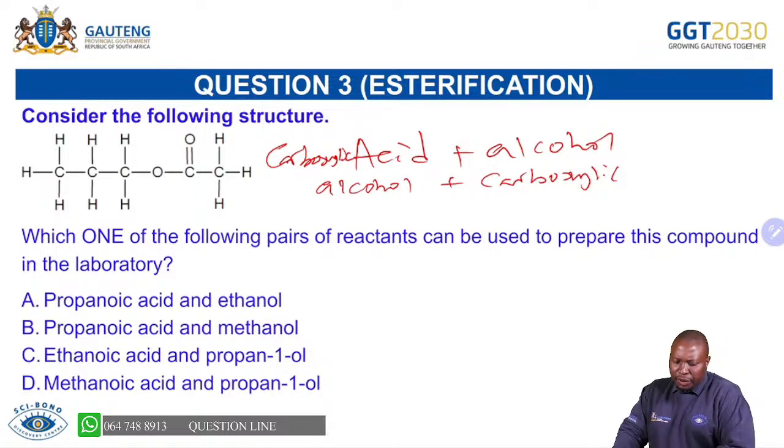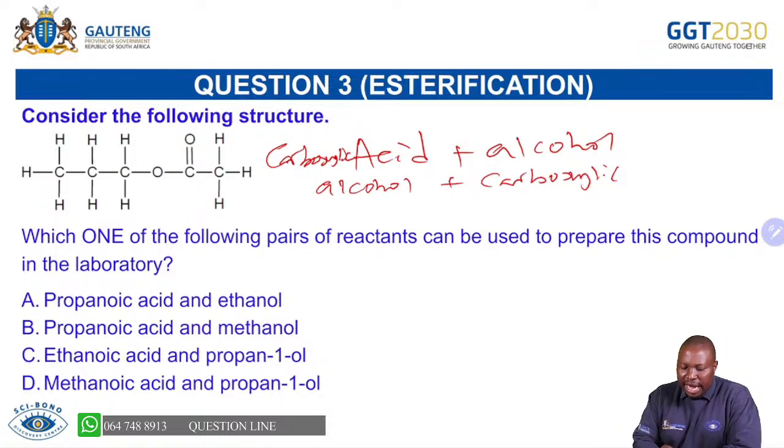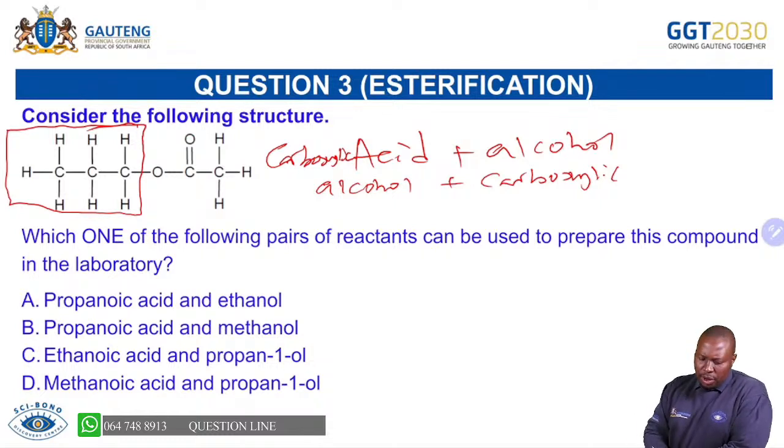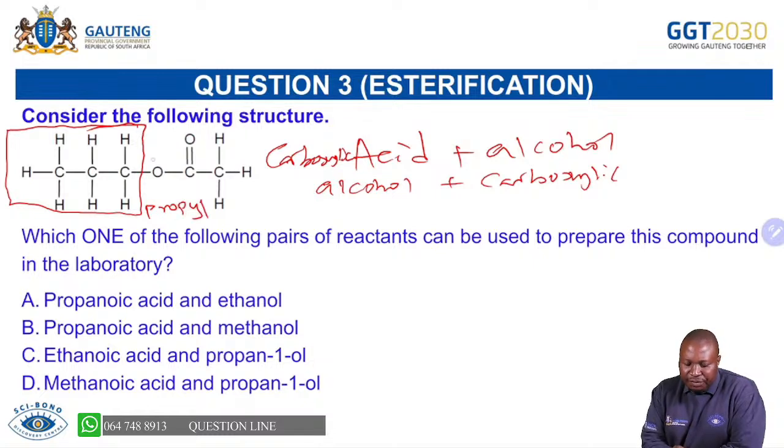In this case, you are able to say, okay, the alcohol part, this part that we're having here, comes from the alcohol, the alkyl group, which in this case, because of 3 carbons, is propyl. Propyl is from an alcohol.